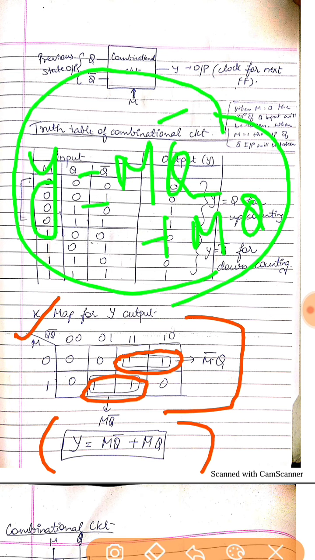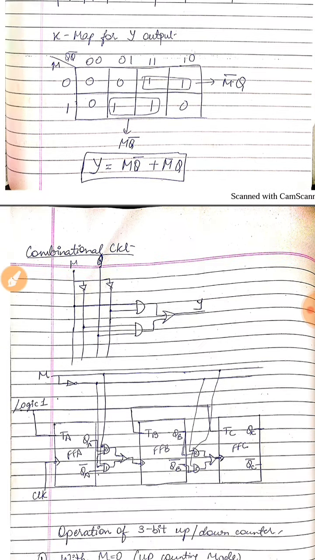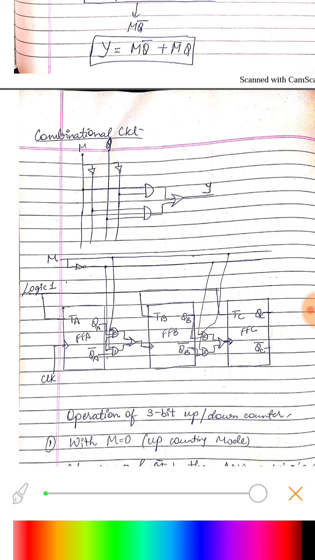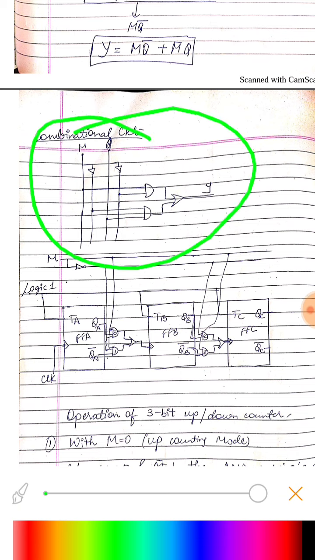So we can use a multiplexer also, but here in this example I have made this combinational circuit to implement this logical expression. It can be implemented using 2 AND gates plus the OR operation, for which we need an OR gate.